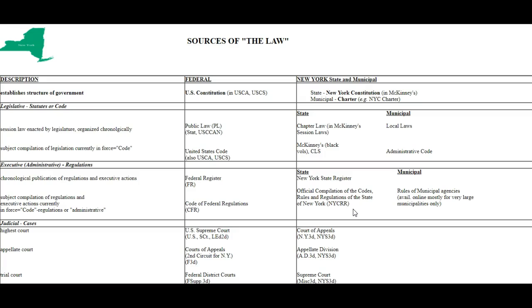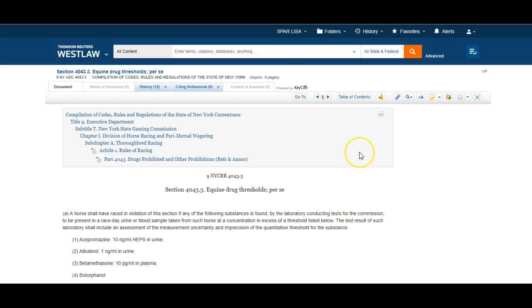Okay. And pretty much we find New York regulations, and other states' regulations, the same way that we do for federal regulations. We can do keyword search and all of the methods that we've already talked about. Here's one particular example.